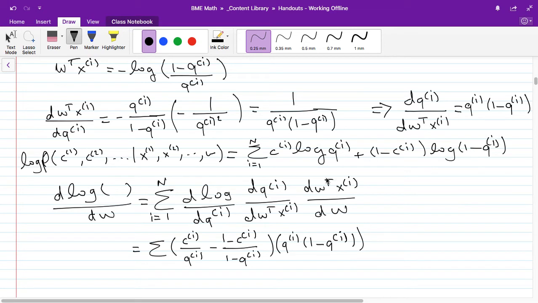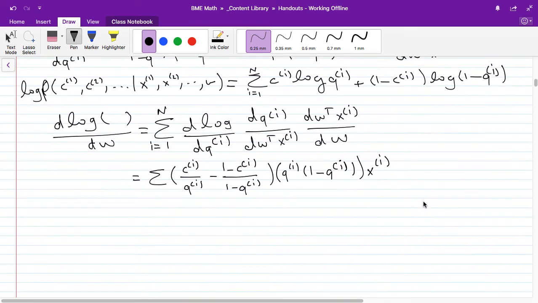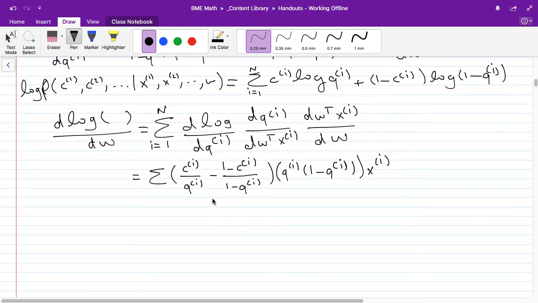The third term is the derivative of w transpose xi with respect to w, which is just, of course, xi. All right, the first and second, when I multiply them, they're going to simplify.